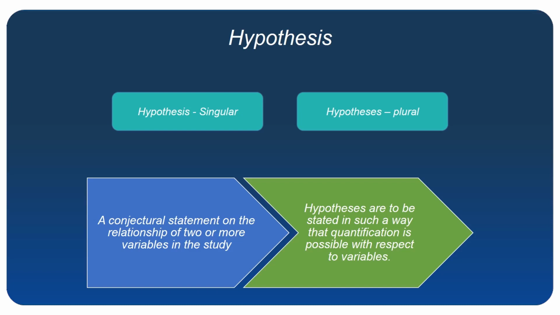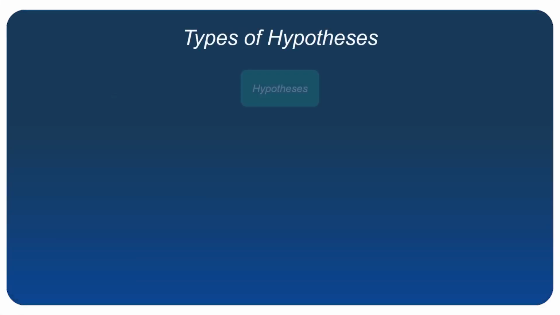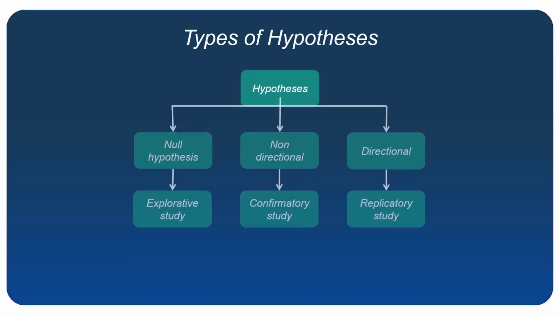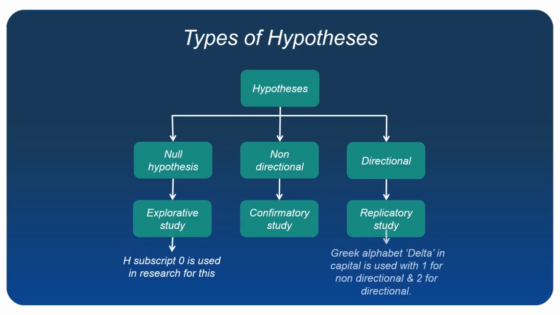Therefore, a hypothesis is an assumption where you state the relationship of two or more variables which are there in the study. And of course, you need to state the hypothesis in such a way that quantification is possible with respect to the variables of the study. There are many types of hypothesis.